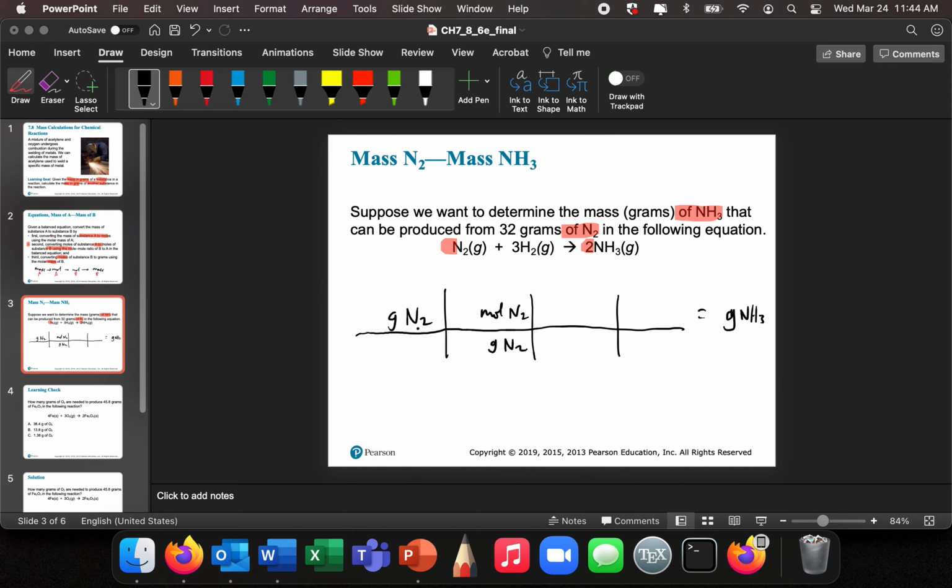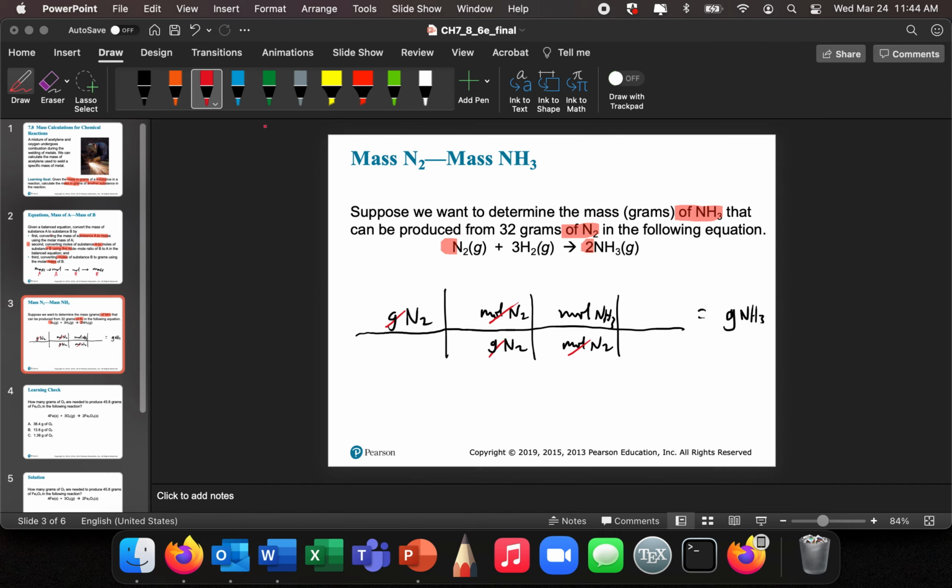So mass, these are going to cross off, you can see that, and we're going to be left with moles. Then we're going to convert to moles of ammonia, because that's what we're trying to get. So we'll have to cancel out N2, put moles of ammonia in there, and you see that these cross off, and I'm left with moles of ammonia.